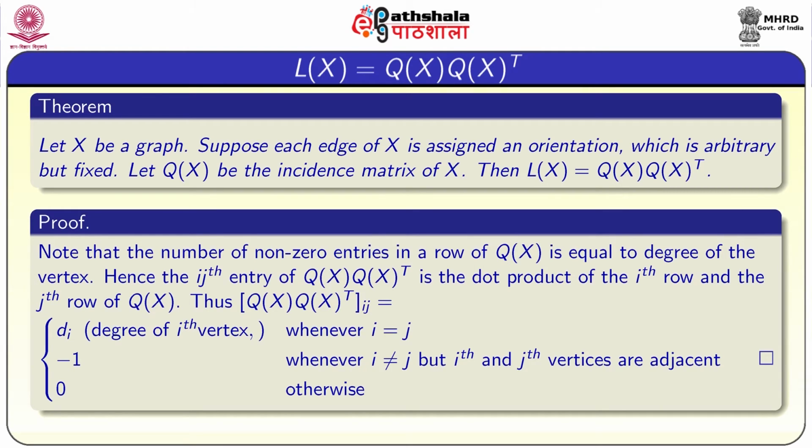So, hence we got the result. It is simply that we have to evaluate Q(X) times Q(X) transpose, then we are going to get L(X) directly.